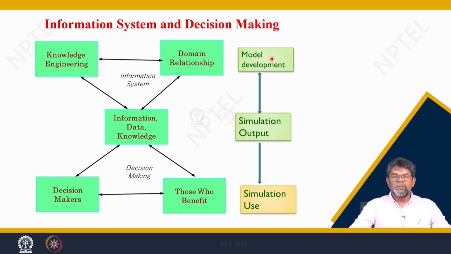How does model development take place? I told you a model is y equals a plus b x, because you have the input data sets and the outputs, and to get the input-output relationship, you develop that y equals a plus b x. This is a model.